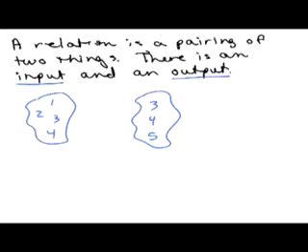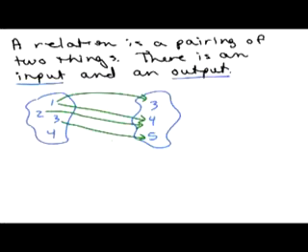So what I could do is draw a picture to say what happens. Each input might have more than one output or just one output. So here's an example of a picture of a relation.